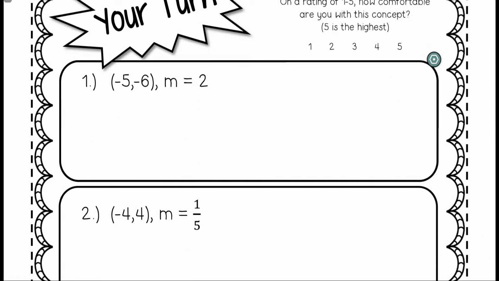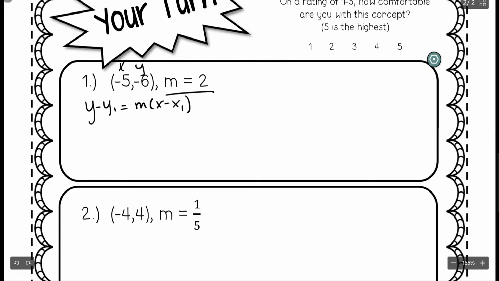Okay, go ahead and try number 1 on your own. Okay, we know our slope is 2. This is your x, this is your y. y minus y1 is equal to m parentheses x minus x1.